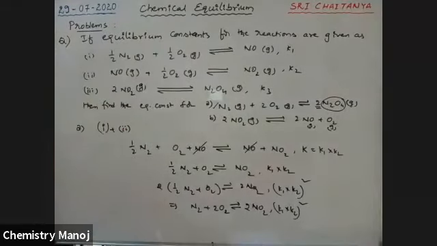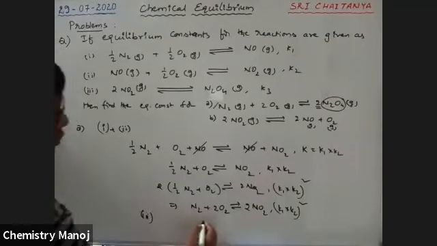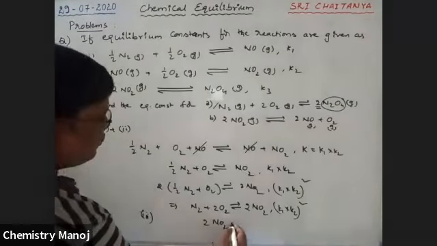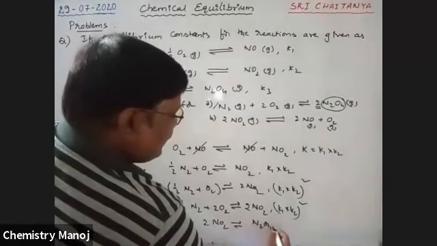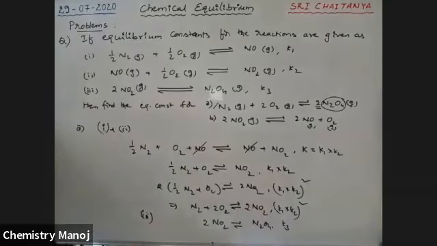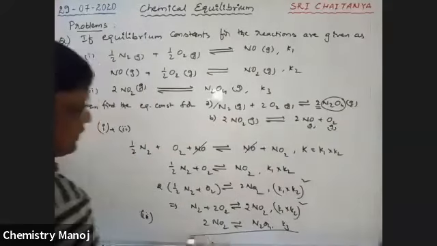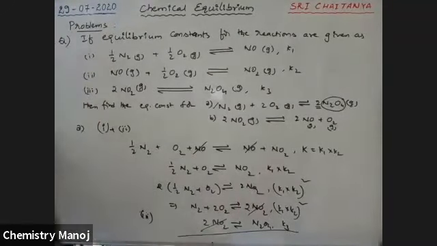Now take equation 3: 2NO2 reversible with N2O4, that is K3. Add these two equations and the 2NO2 gets cancelled.